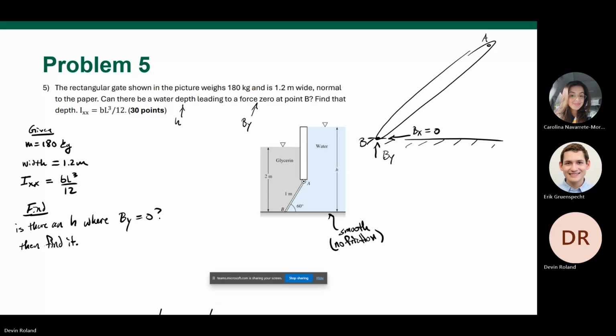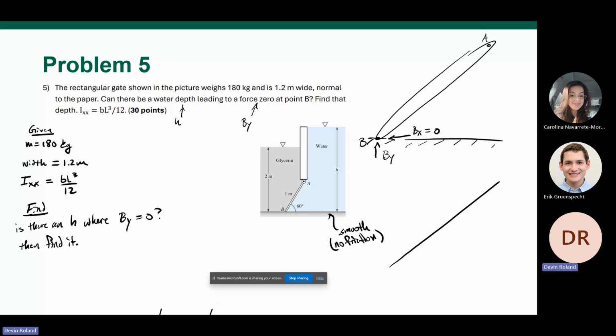If we're thinking about this in terms of forces, I'm going to draw this gate as a line.